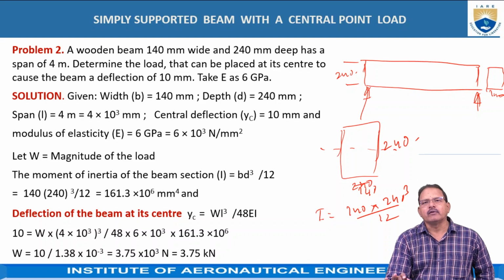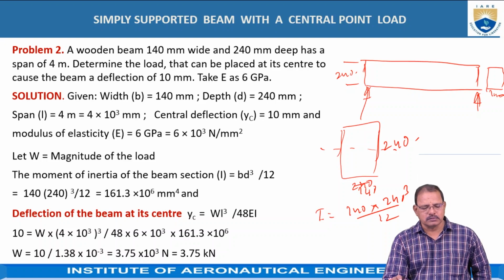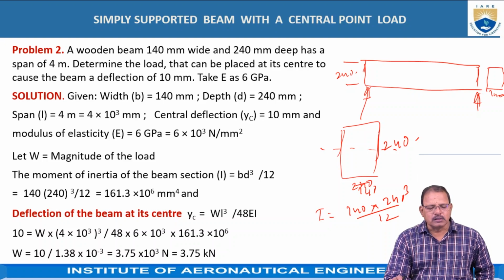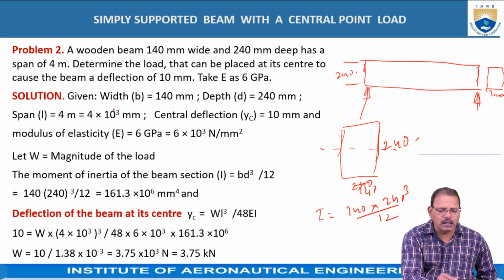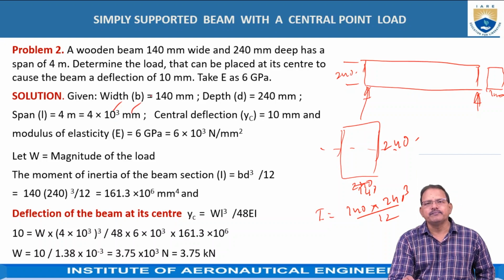First of all, we take the given data in the problem. The width of the beam is given as 140 mm. Depth is given as 240 mm. Span length is given as 4 meters, which is equal to 4 × 10³ millimeters. Central deflection is given as 10 mm.